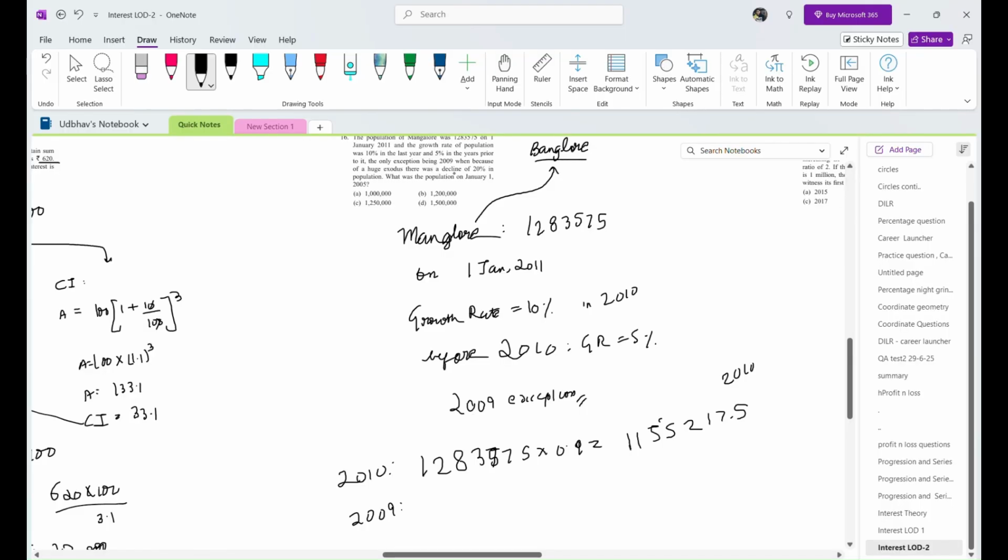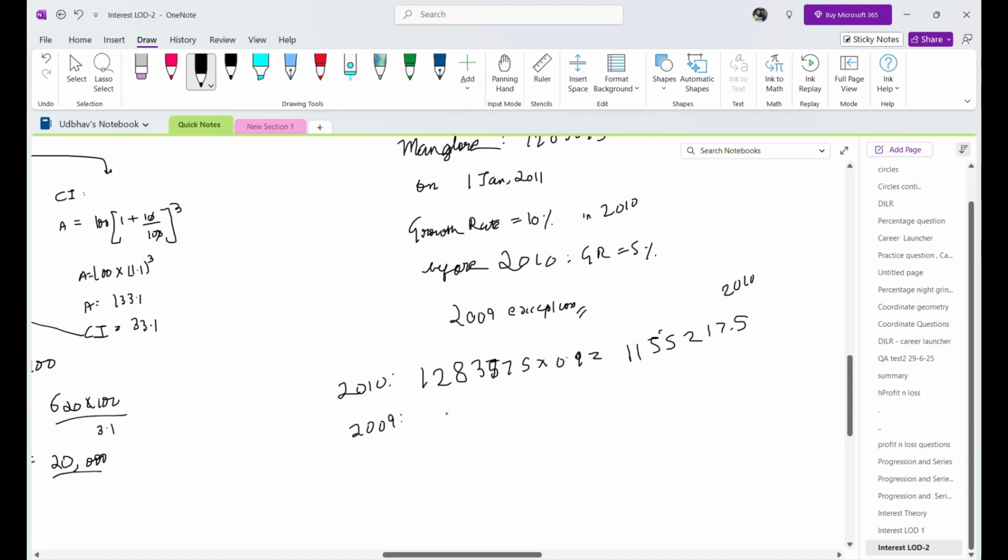So in 2009 there was a decline of 20%. So the population will be 1155217.5 into 0.8. Oh, it's 924174.